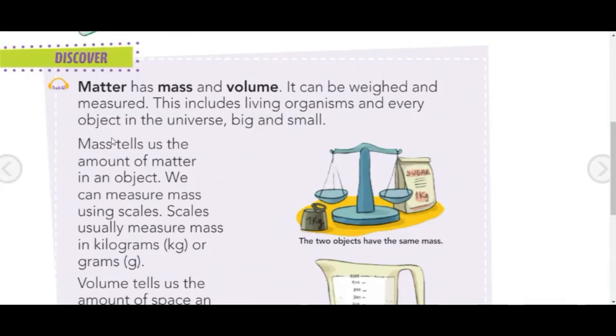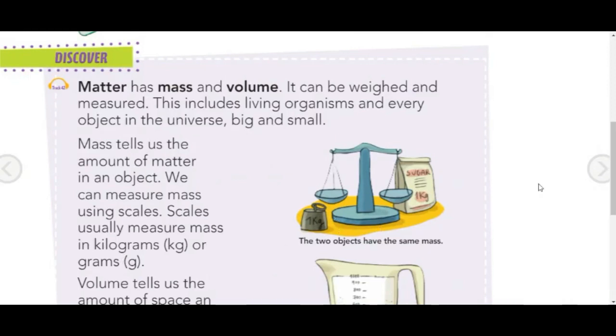Okay, now they're going to tell you what mass is. Mass tells us the amount of matter in an object. We can measure mass using scales. This is a scale. Scales usually measure mass in kilograms or grams.